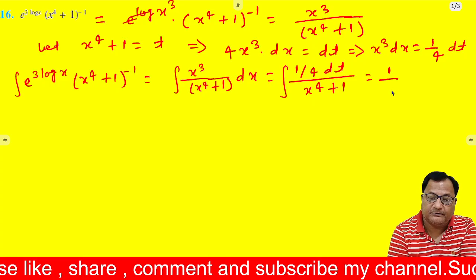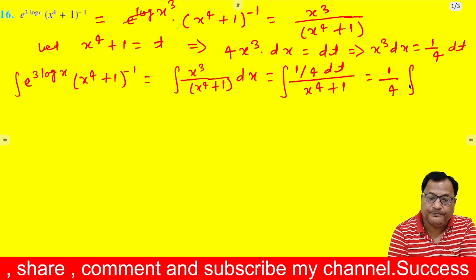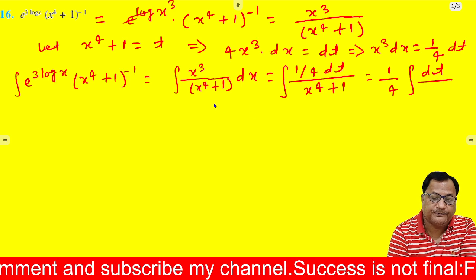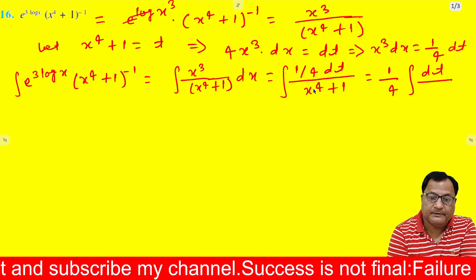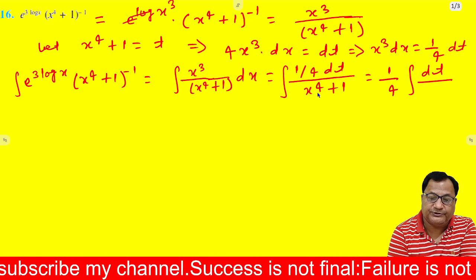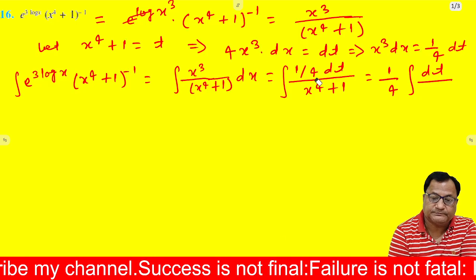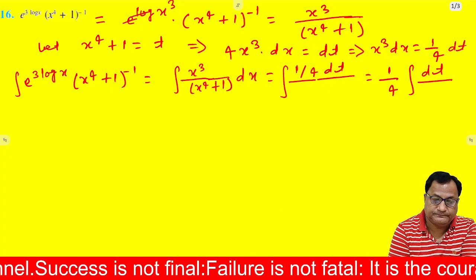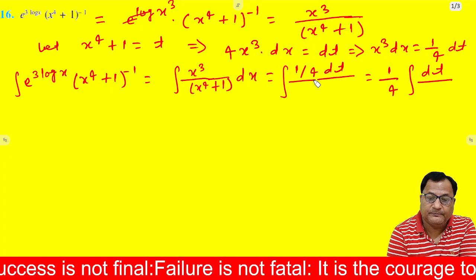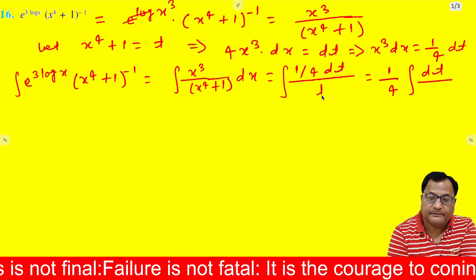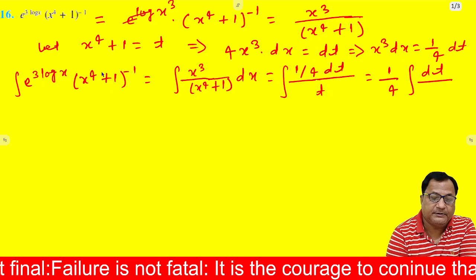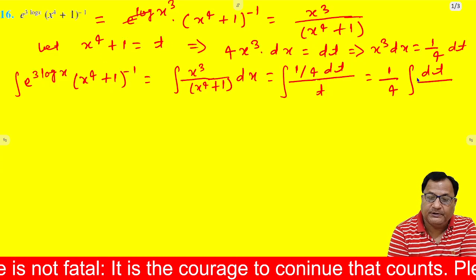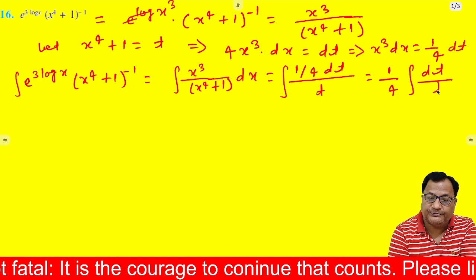We will take out 1 by 4, dt divided by t, because x to the power 4 plus 1 we have supposed t.